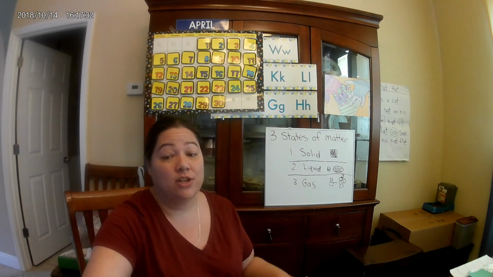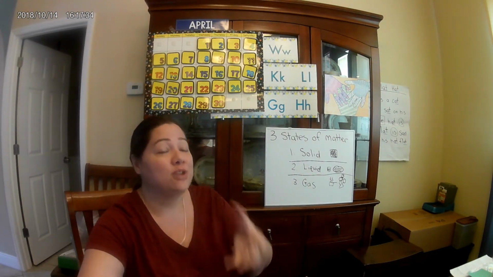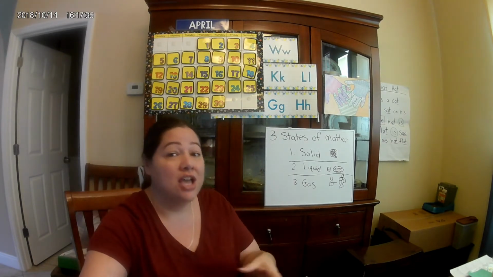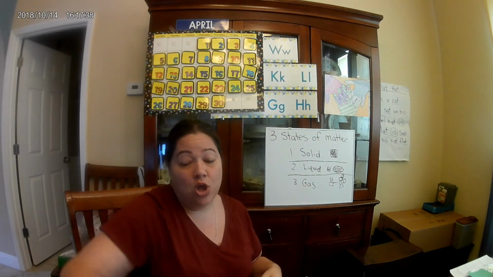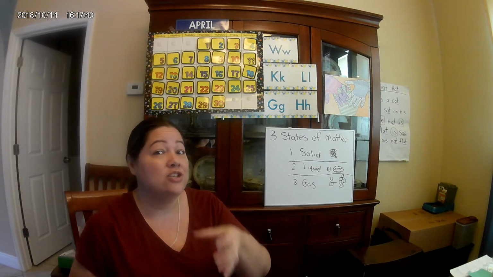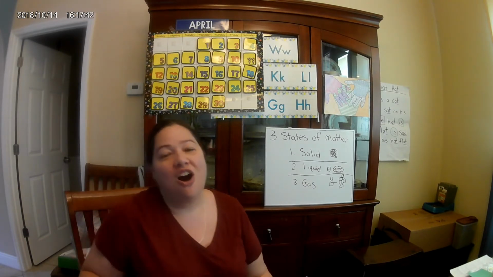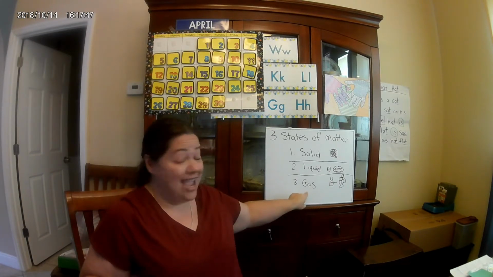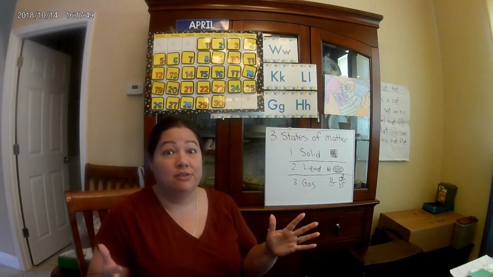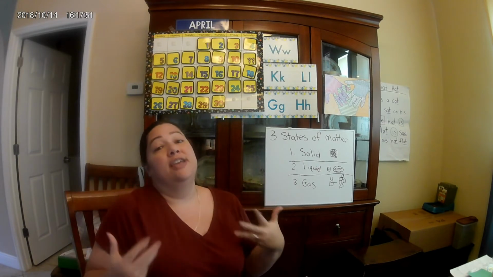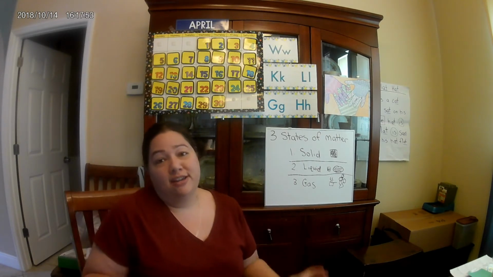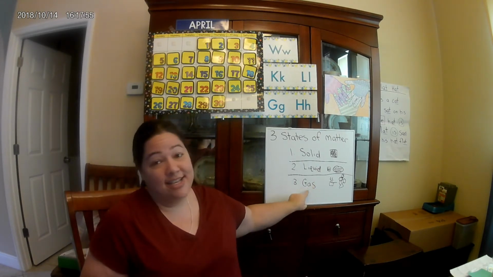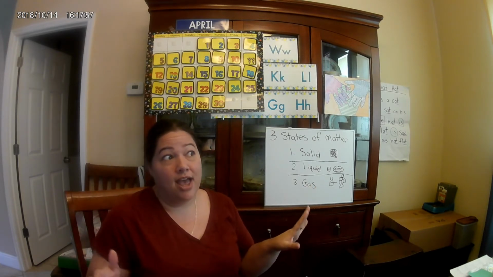Water is a liquid. You can drink right down all day long. Air is a gas. You can breathe right in. Air is a gas you can breathe right in.